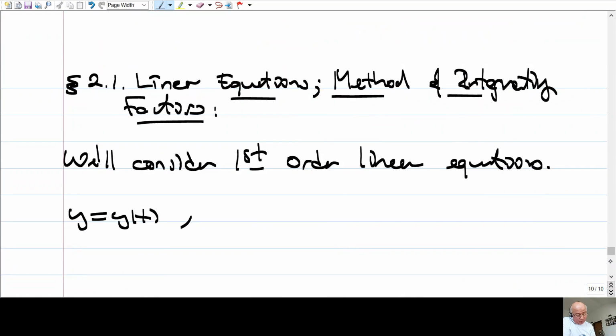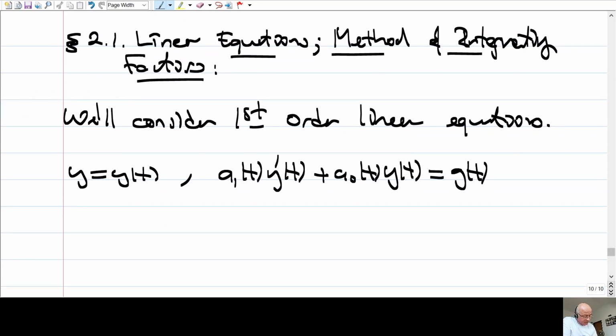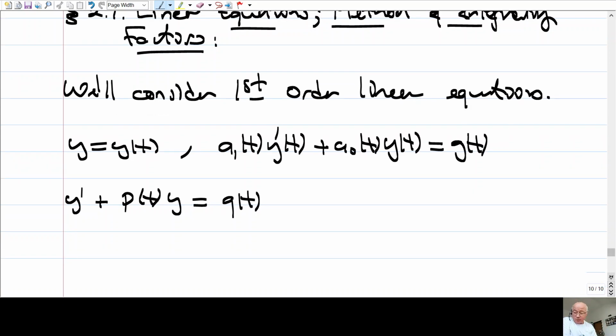So I have only first derivatives. So I have a1(t) y'(t) plus a0(t) y(t), and that's equal to g(t). But we will write it not in this form. We will write it like this: y' plus p(t)y equals q(t). Okay, so I just divide everything by a1(t). So this is the equation we will try to solve.